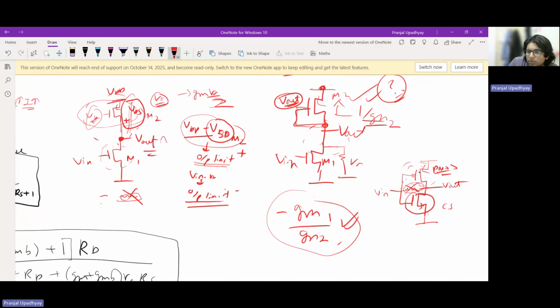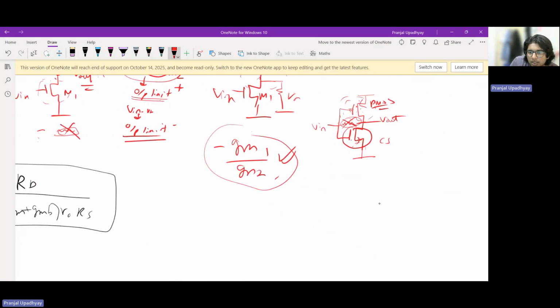Now, if you observe, there's a symmetry here. Why? Because in the small signal model, even if these two MOSFETs are not identical, what you can realize, which I'll draw here separately, is that they'll have some R naught P, and this guy will also have some R naught N, and it will have some current here and some current here.